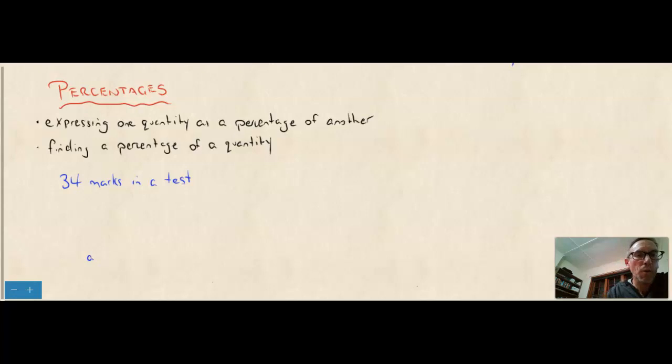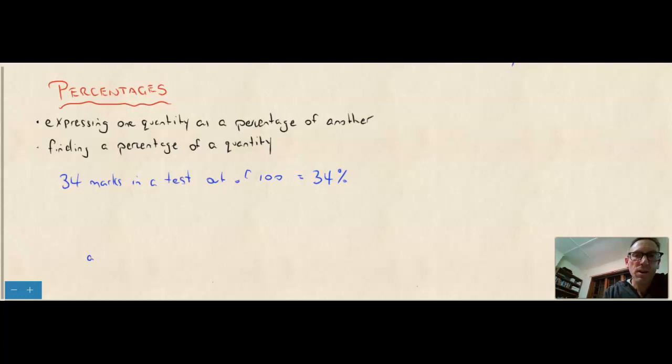So this is why we might want to express quantities as a percentage, because 34 marks on its own doesn't mean much. But if I told you that the test was out of 100, then that tells you, well, 34 marks in a test out of 100, that is not so good. That's 34%.